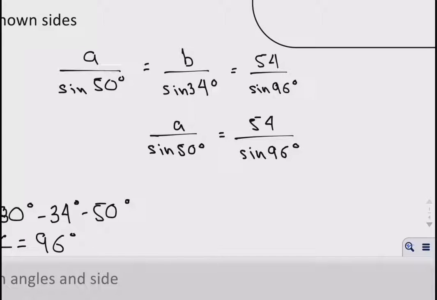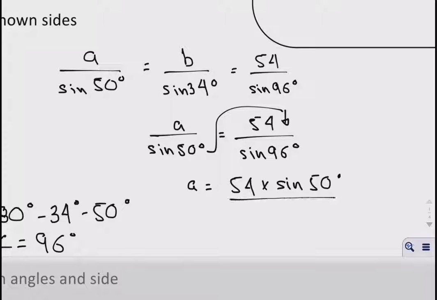I do some cross multiplication. So I'm going to go A equals 54 times sine of 50 degrees, and that's all over sine of 96 degrees.